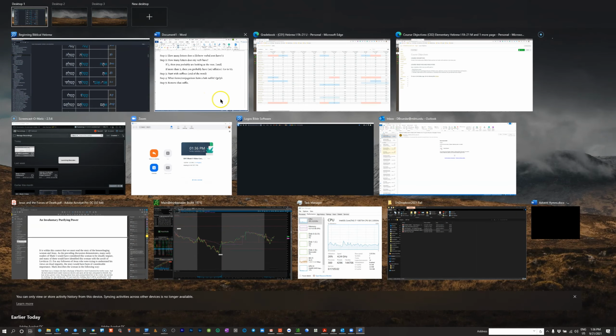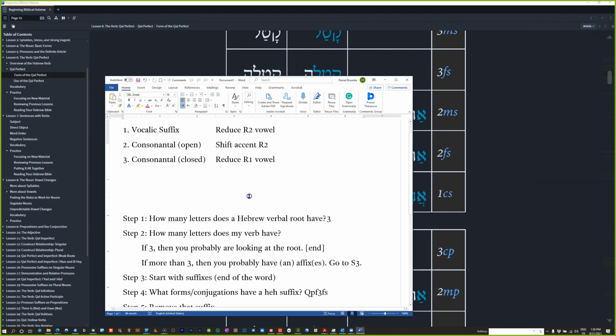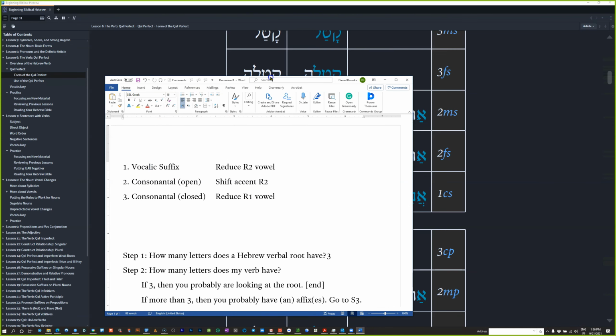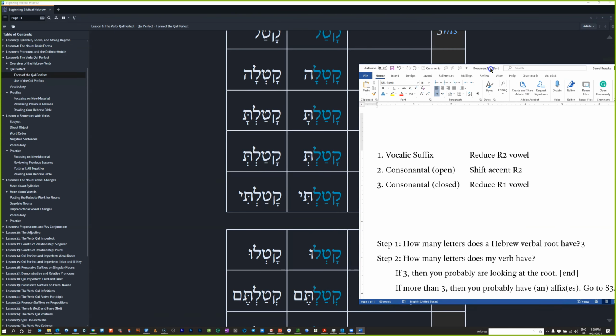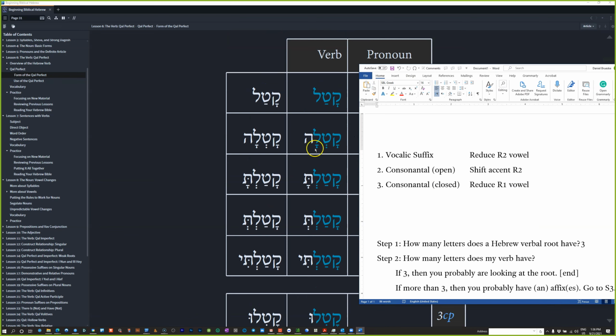Let me pull this back up here. That's what I was writing up here at the top, these vowel changes that happen to the root. There's kind of three different vowel changes that might happen. If you have no suffix at all, there's no vowel change. If you have a vocalic suffix, that means your suffix is a vowel, then this second root letter is reduced to a schwa.